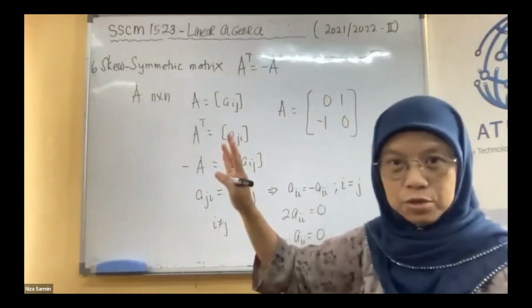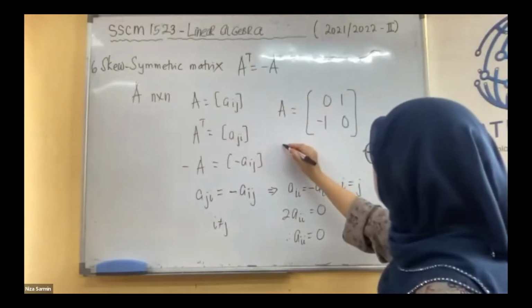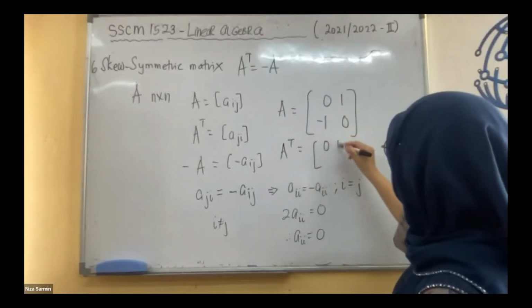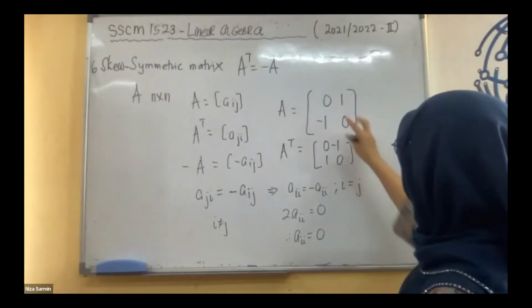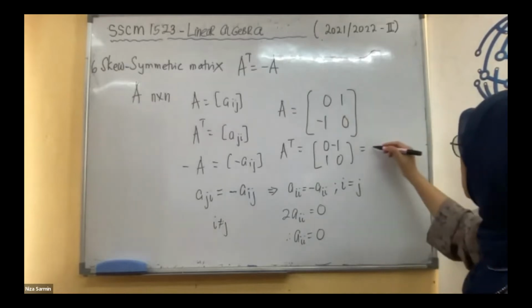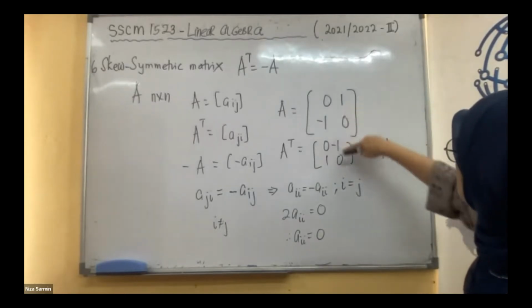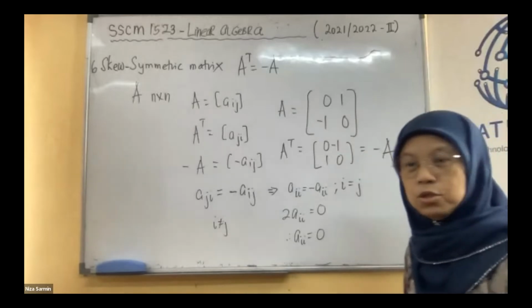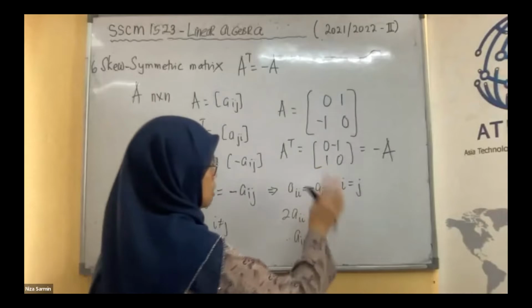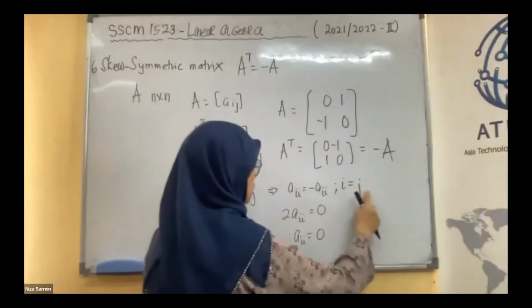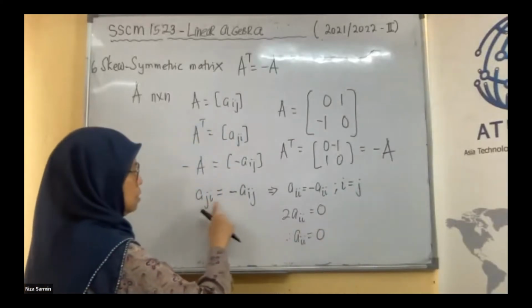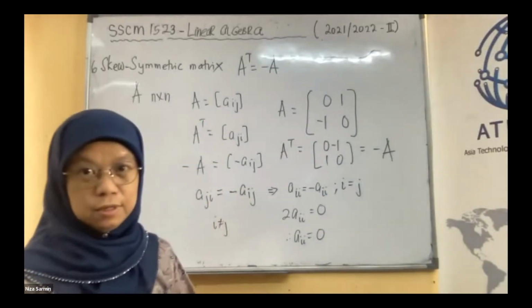If you want to check, you check using this: you write A transpose, which is actually equal to negative A, because it's negative. So for a skew symmetric matrix, the condition is that if i is j, we have to have 0. If i is not j, the entries have to be negative of each other.